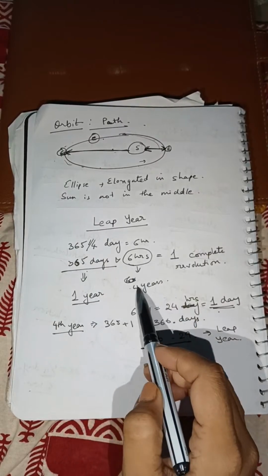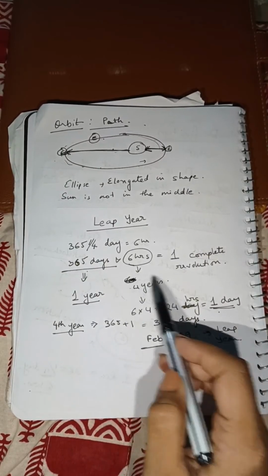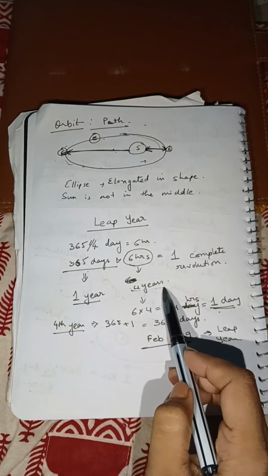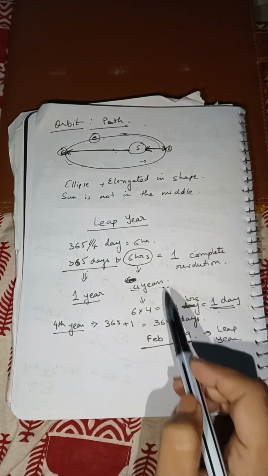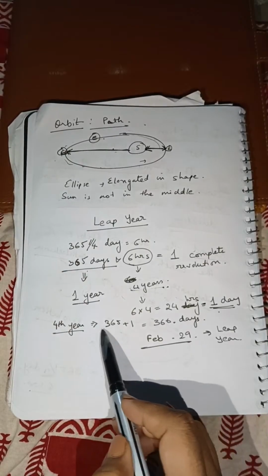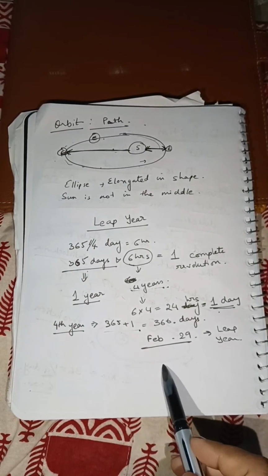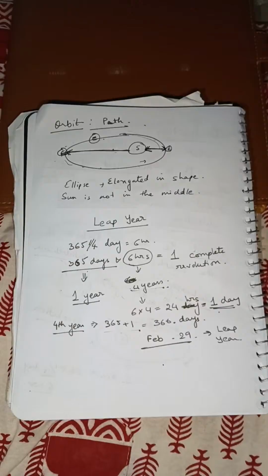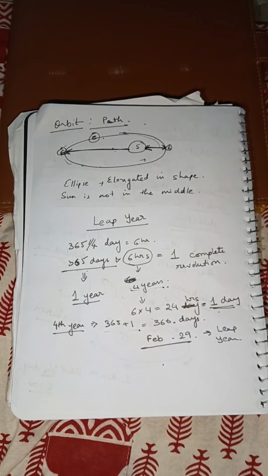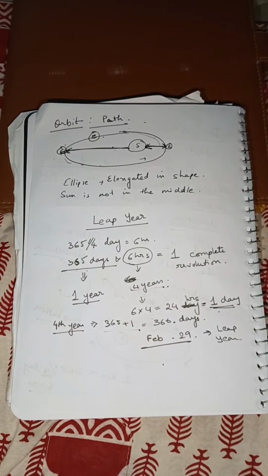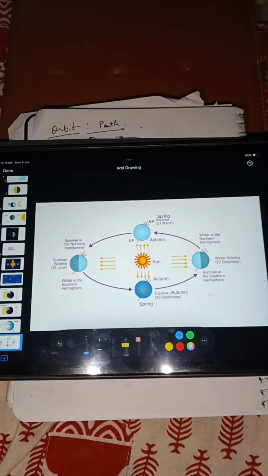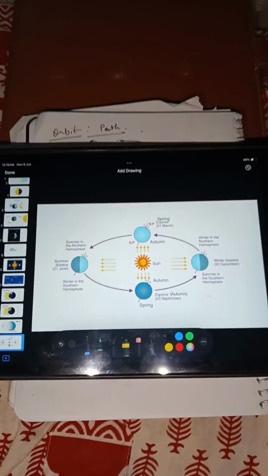This is because 6 hours gets added over 4 consecutive years to make 1 day, and then it is added to 365 days. Now the next topic is very important, that is the effect of revolution.